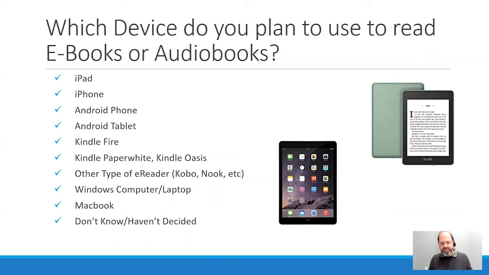So the big difference it makes is whether or not you have a Kindle primarily, because getting ebooks for the Kindle is a different process than getting the books on an Android or iPhone or iPad, in which you can use the Libby app.